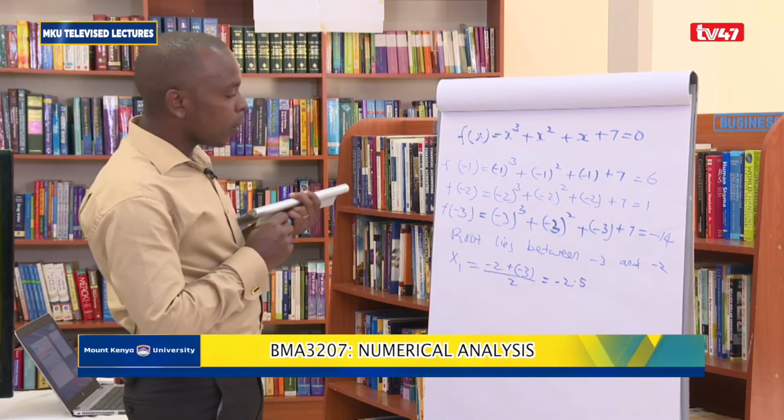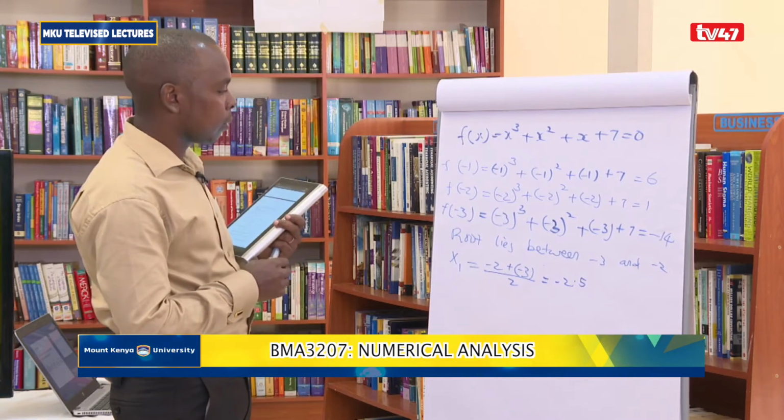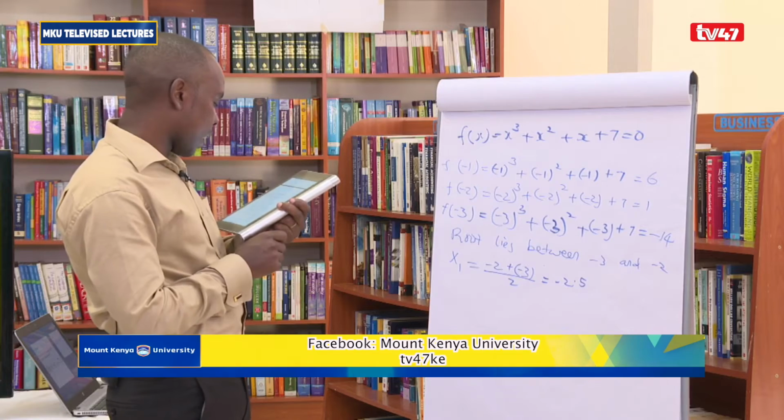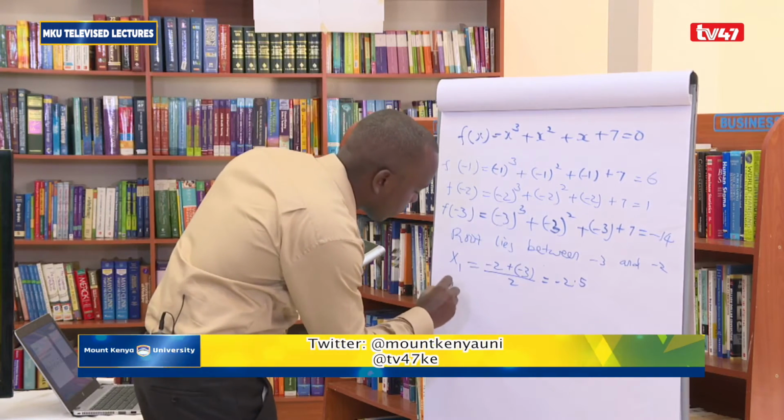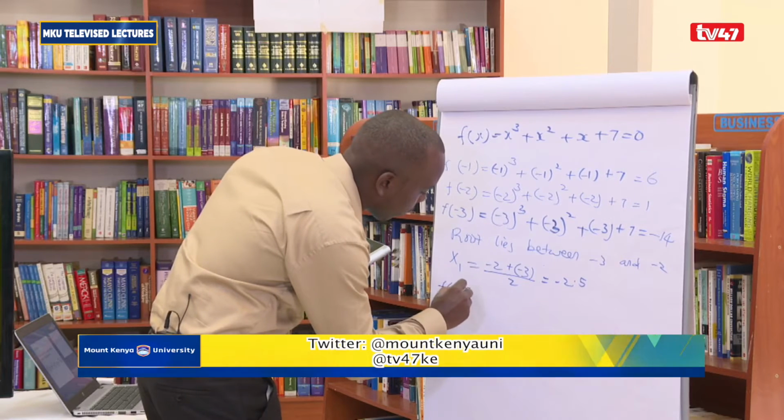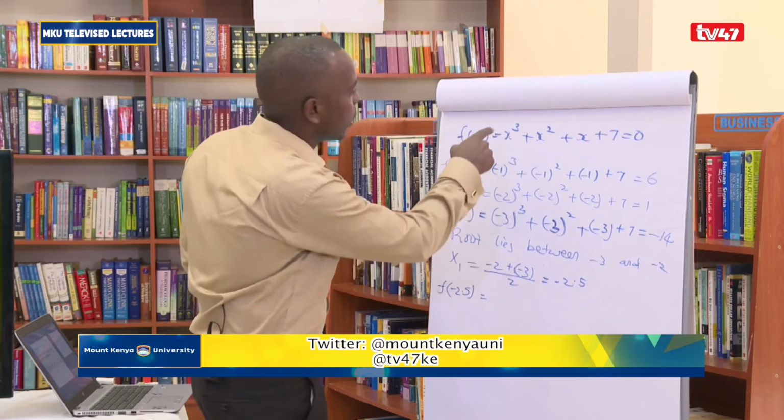Then we are supposed now to find the value of f of -2.5, and what we do is plug in -2.5 into our function.